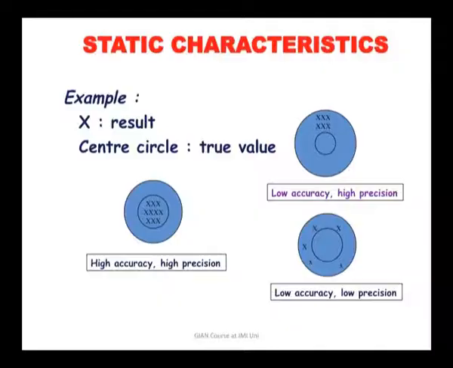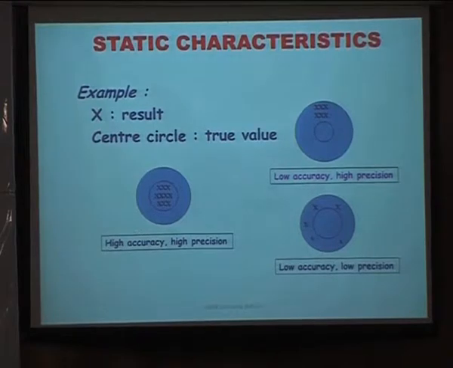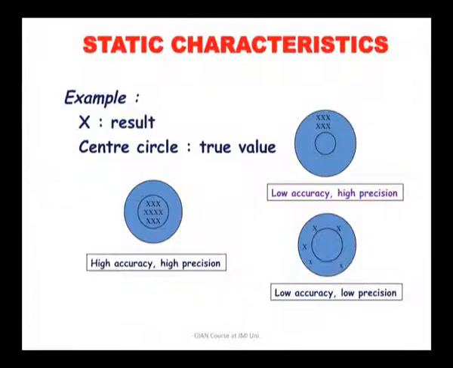It's just difficult to give you in terms of text, so it's in graphical form. We want to measure within this circle. That's the true value. But here, if you see this situation, high accuracy, high precision. If you get within the circle, your results are accurate and your results are precise.